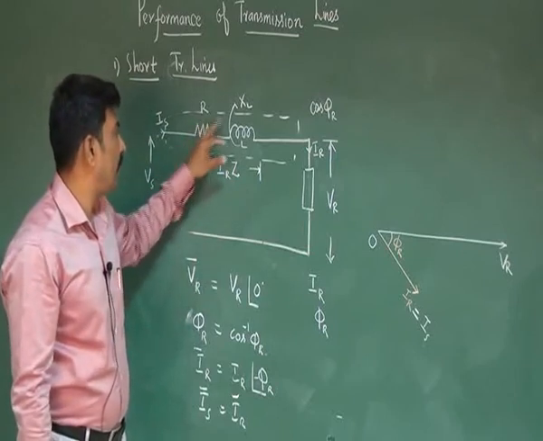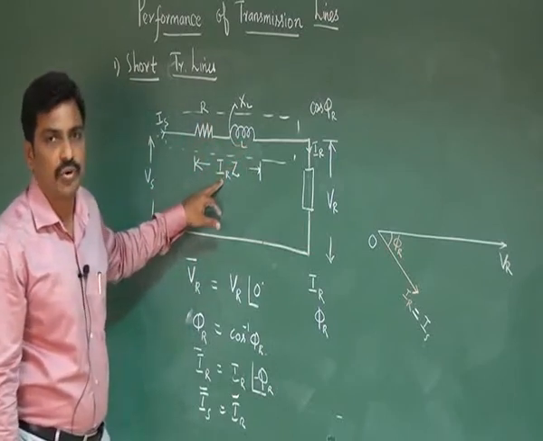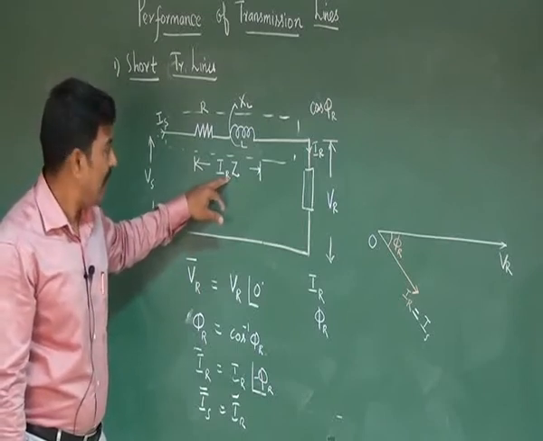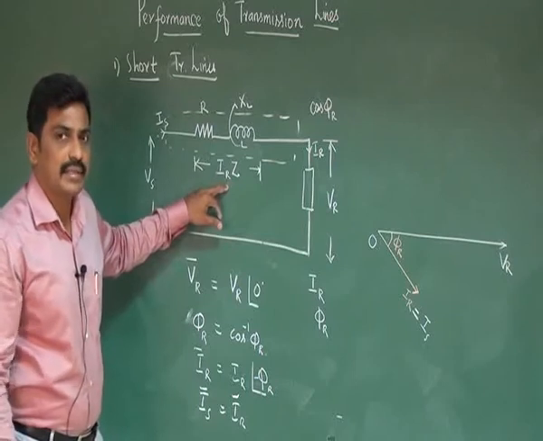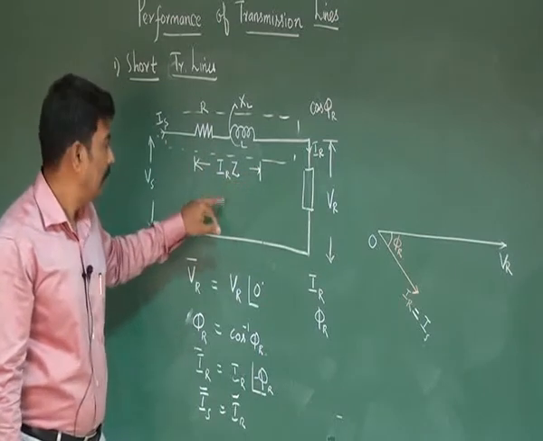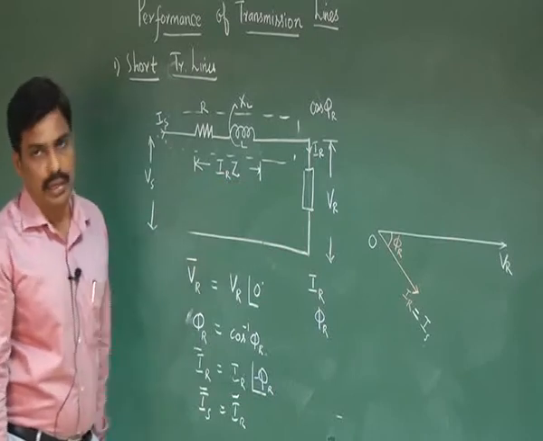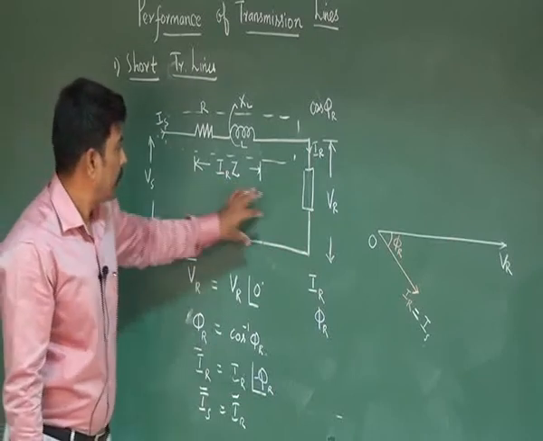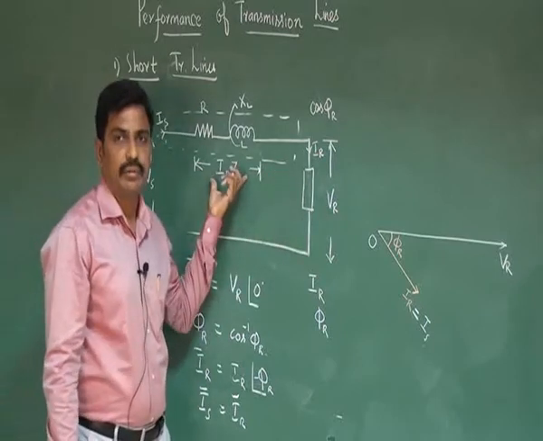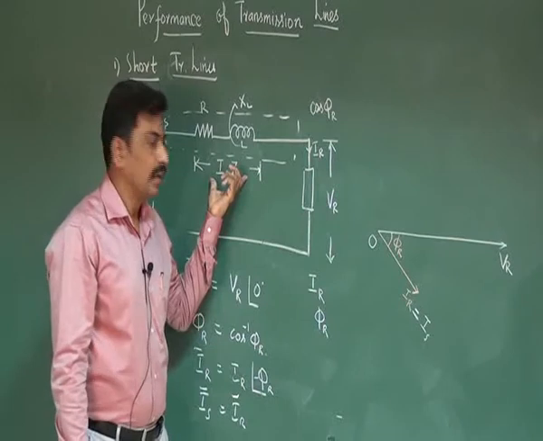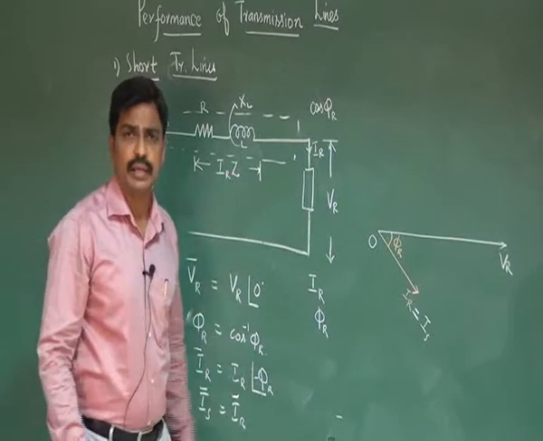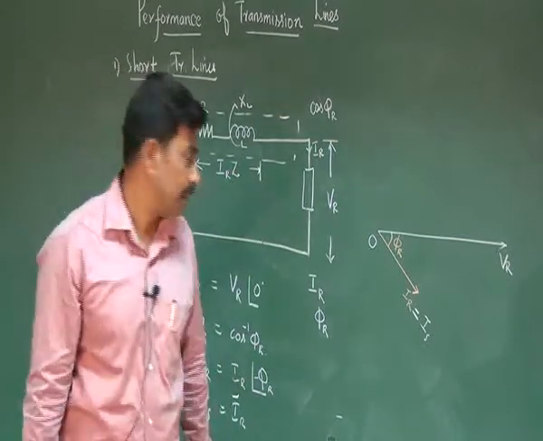That is, because of the R and L parameters, we have the voltage drop IRZ. This can be written as IRZ or ISZ. Both are equal, since IR and IS are equal. So in order to plot the vector for VS, we need to plot the vector for the voltage drop. If you plot the vector for voltage drop, then you can plot the vector for sending end voltage.